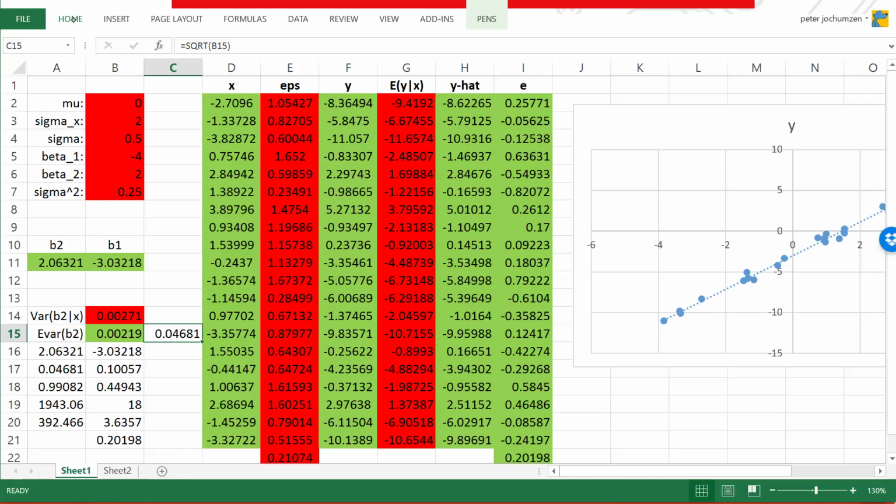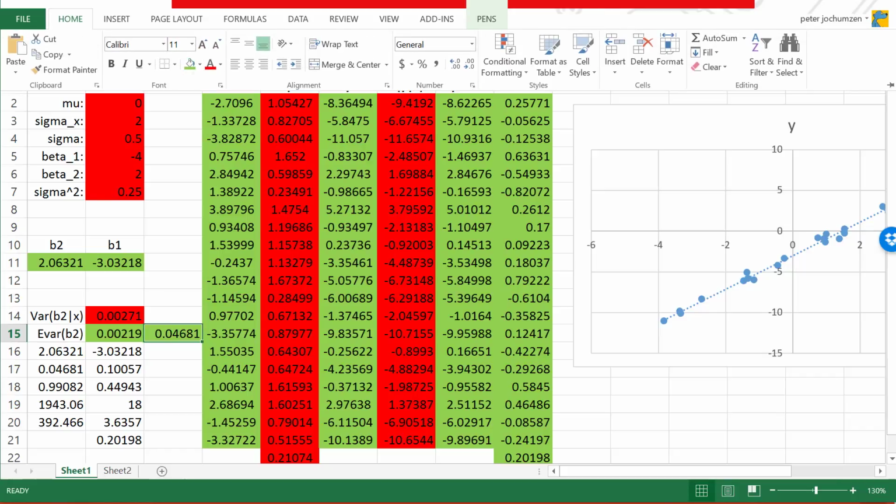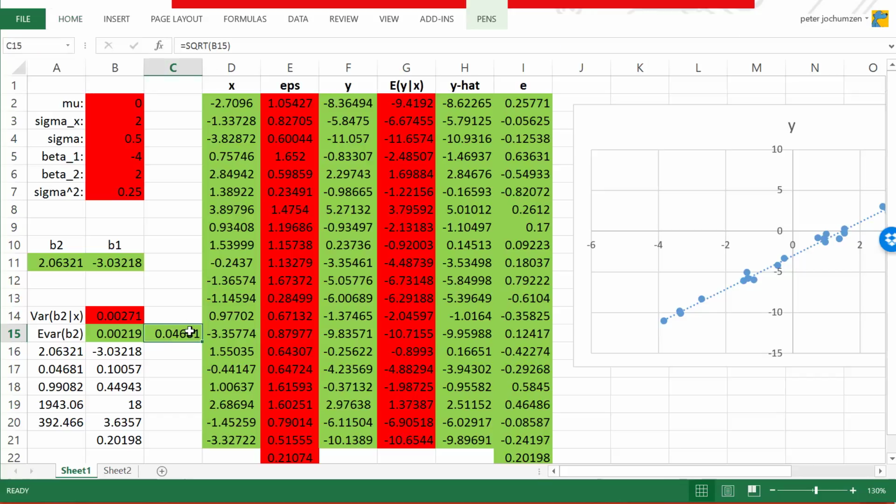To be complete, let's paint it green. It's known as well. And you can get this number much more easily than going through all these long computations that we have done, where we derived this number from our sample.